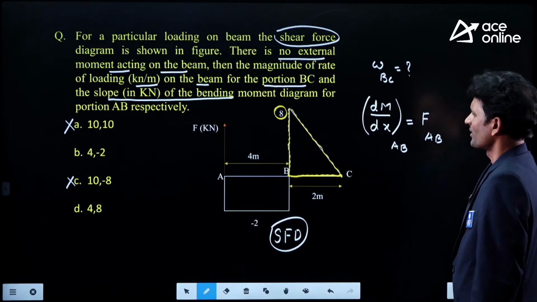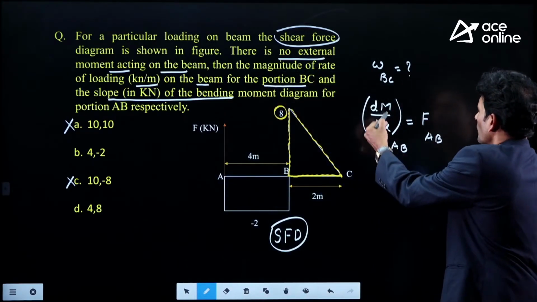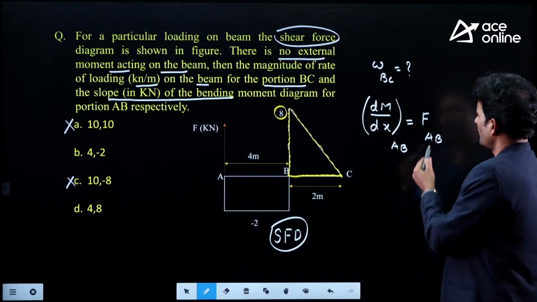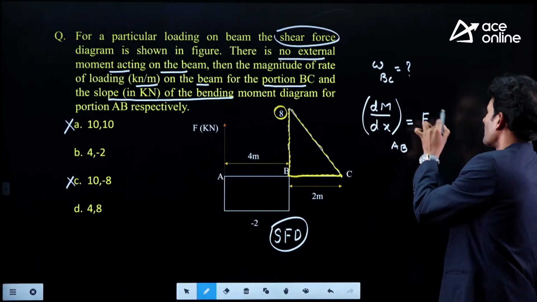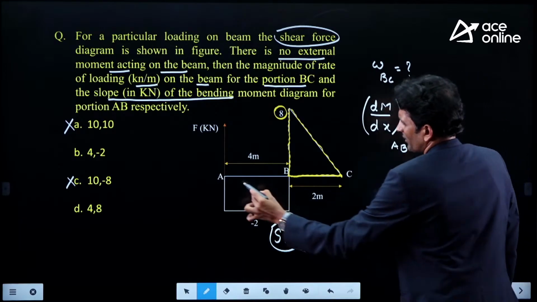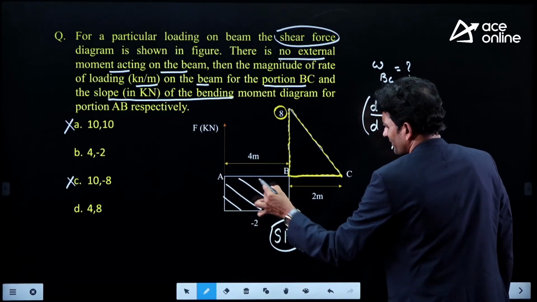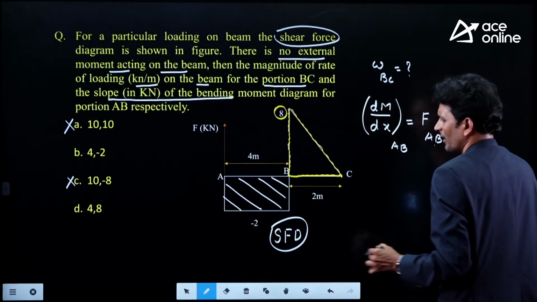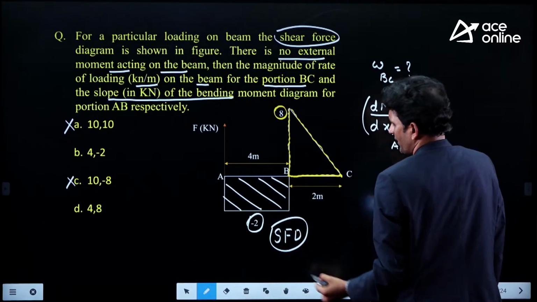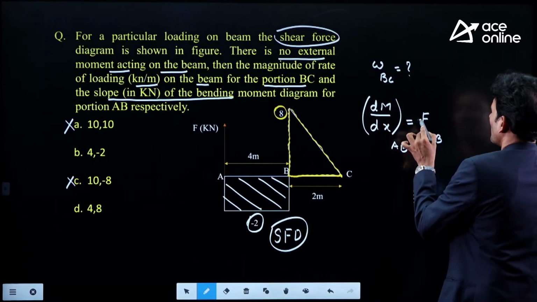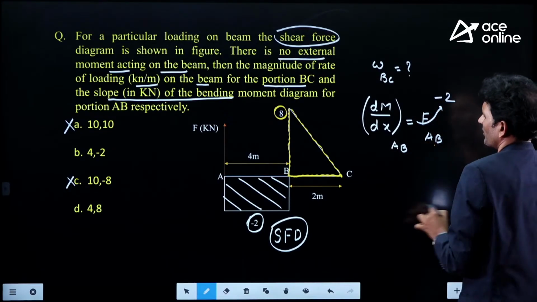dM divided by dx is the slope of the bending moment diagram. What is the relation between the slope of the bending moment diagram and the shear force? The slope of the bending moment diagram at a point gives the shear force acting. This is the shear available in segment AB, which is minus 2.